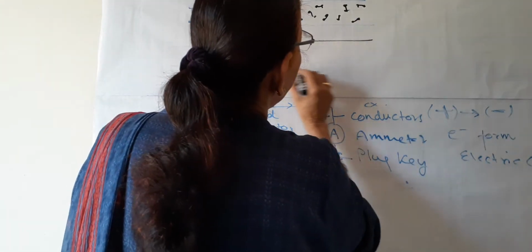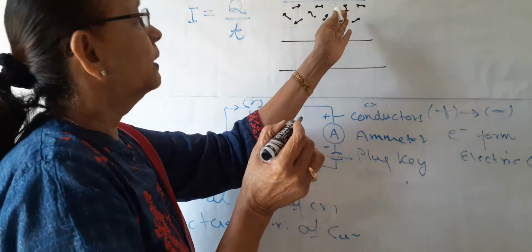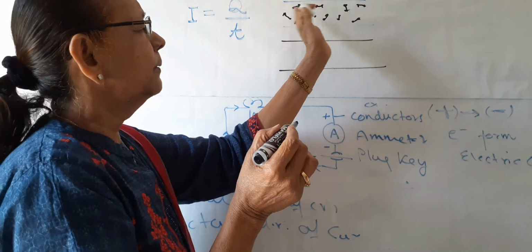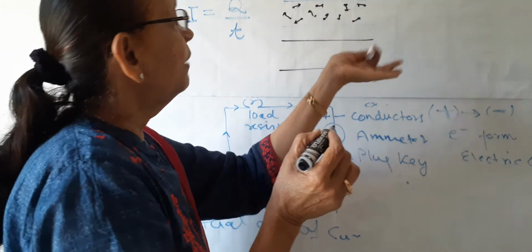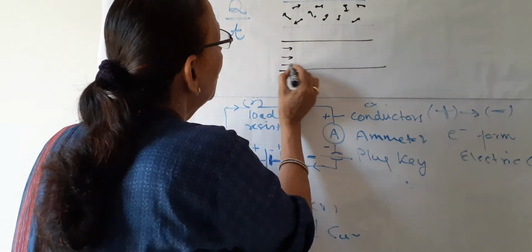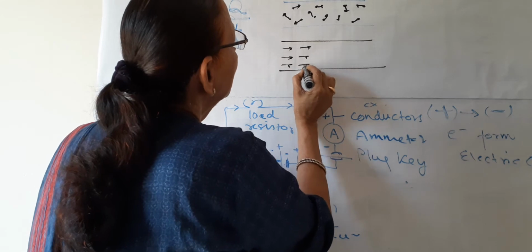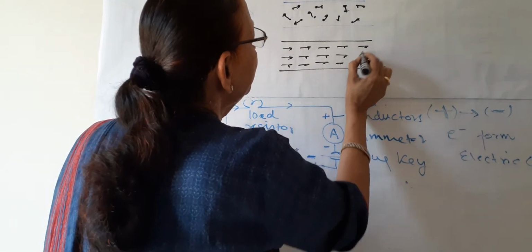Suppose potential difference is created on both the ends of this conductor. We will learn this potential difference after this.